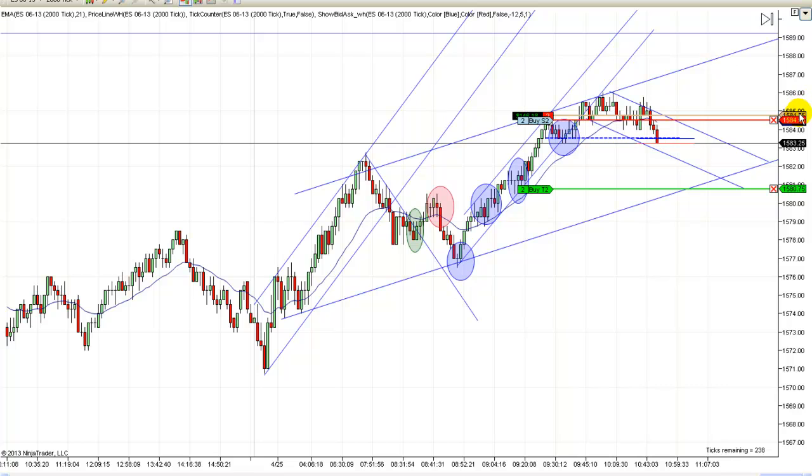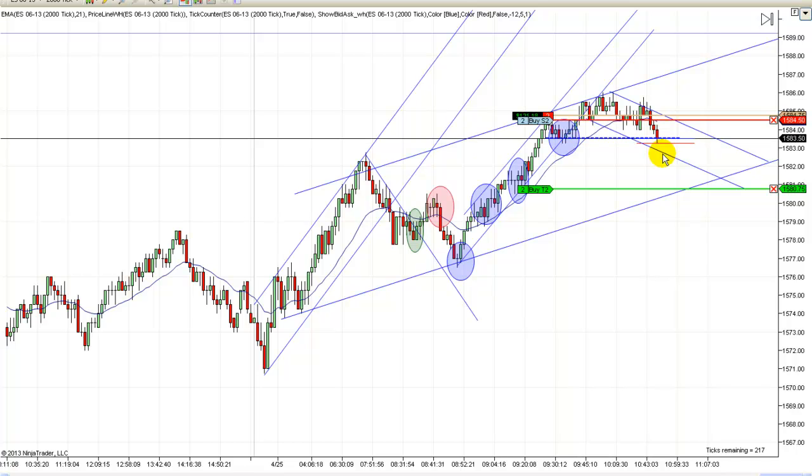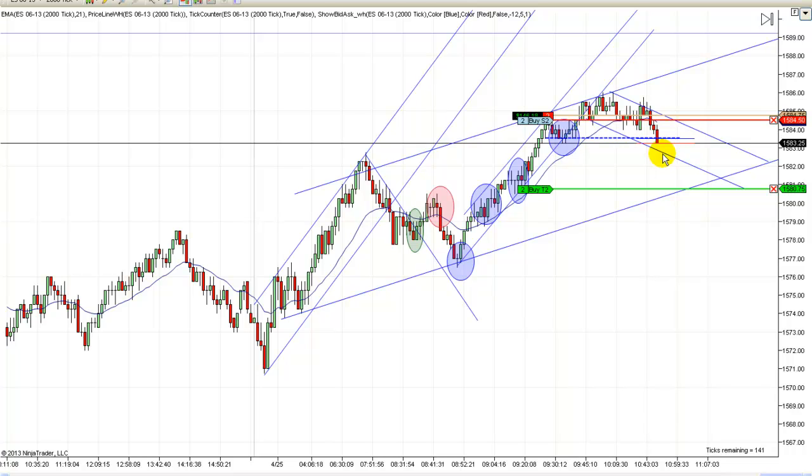Our entry was 84.75. So if we could get out at 82.75, we'd get 2 points, another $200. Turn this into a $600 trade.